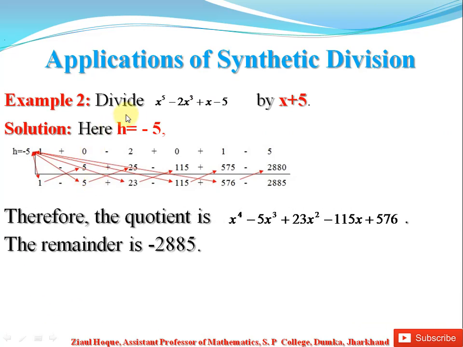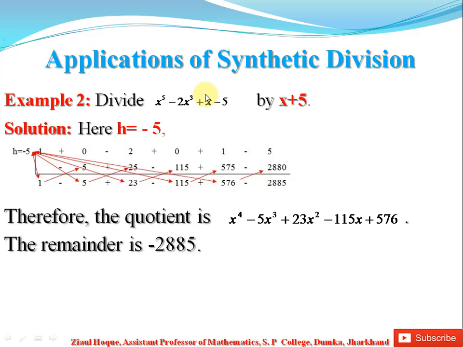Now example 2. Divide x to the power 5 minus 2x cube plus x minus 5 by x plus 5. Here h is equal to minus 5, a0 is equal to 1. Since x square is absent, its coefficient is equal to 0.